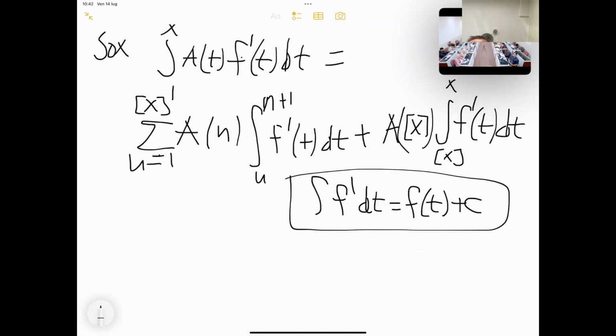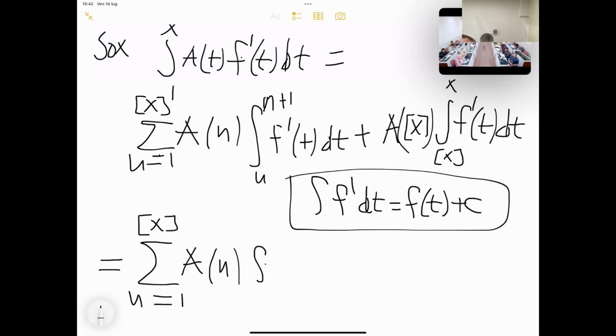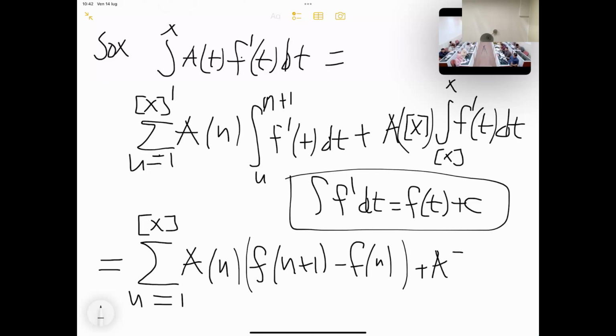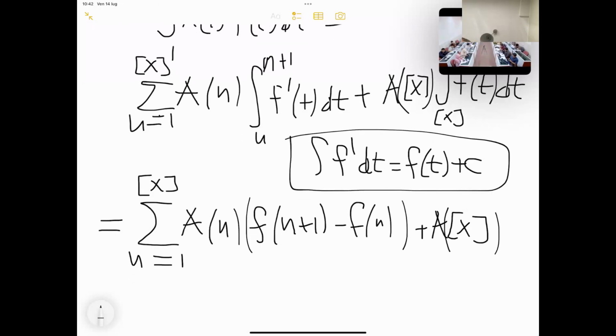So we end up having that the thing above here is the sum for n that goes from 1 to the integer part of x of a of n, and then there I have f of n plus 1 minus f of n, right? Plus a of the integer part of x times f of x minus f of the integer part of x.